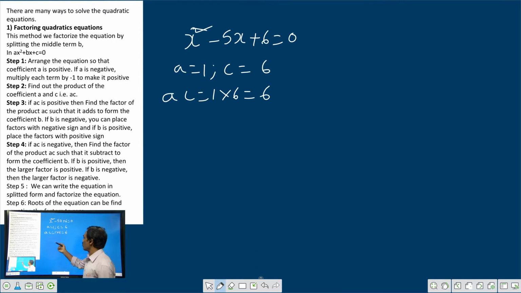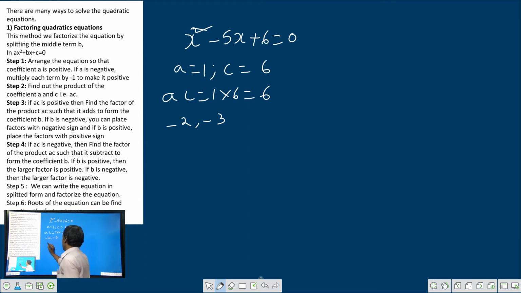Okay, how to get minus 5? Just minus 2 and minus 3. If I take minus 2 and minus 3 and add them, obviously it leads to minus 5 only. If you multiply minus 2 with minus 3, minus into minus is plus, 2 into 3, 6.